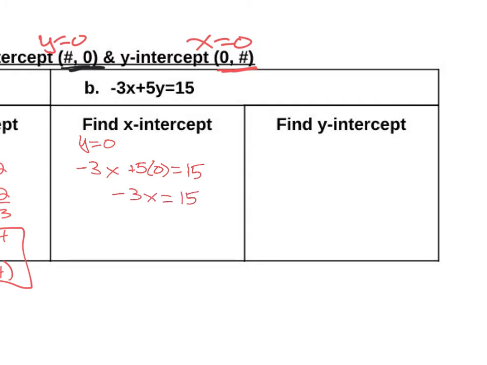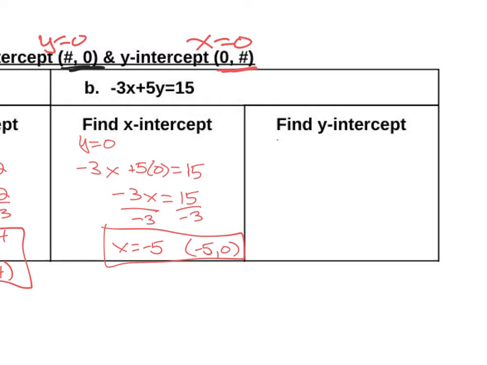So really what we're interested in is, what is negative 3x equals 15? Be careful when we divide by the negative 3, which would make our x equal to negative 5. And that's going to leave us with the point (-5, 0), because we know our y in an x-intercept is always 0.